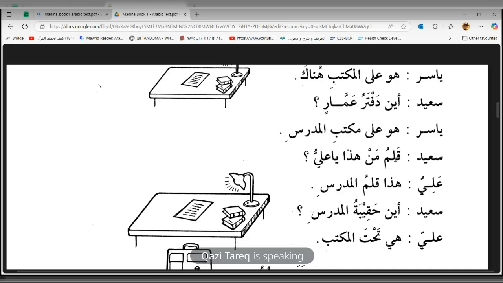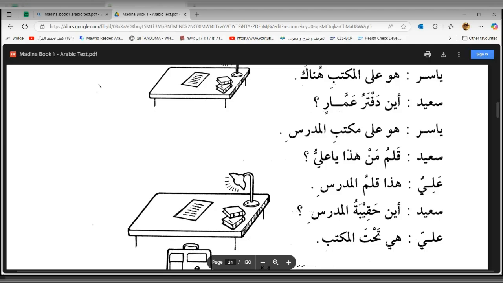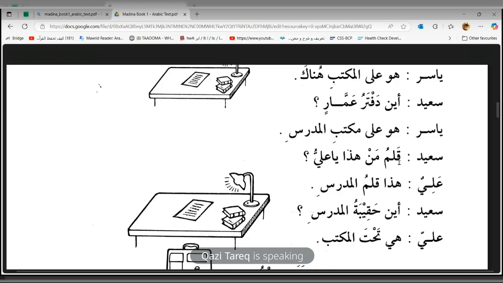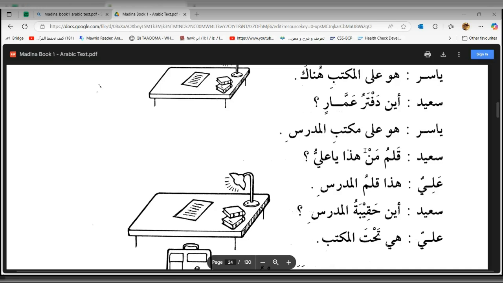So there is mudaf ilay, and there is idafa. Idafa is the whole thing, the combination. When you have an idafa construction, there are two components: the mudaf and the mudaf ilay. The mudaf is qalam, the mudaf ilay is man in this case. And the whole construction, the pair together, we call idafa.